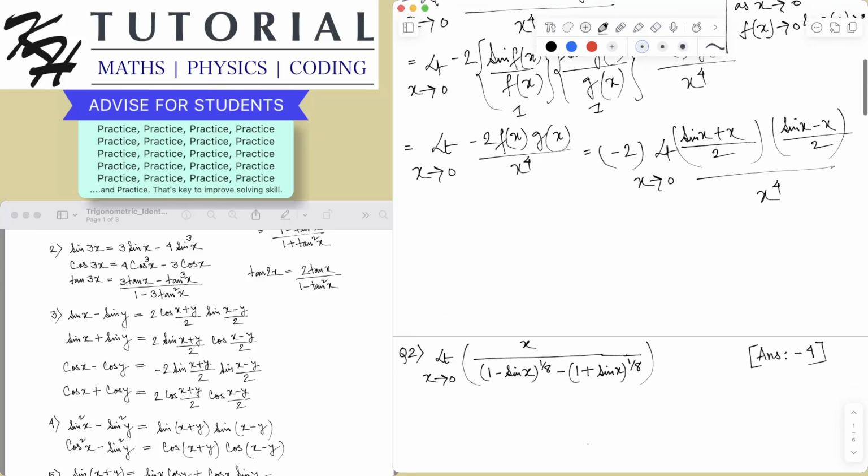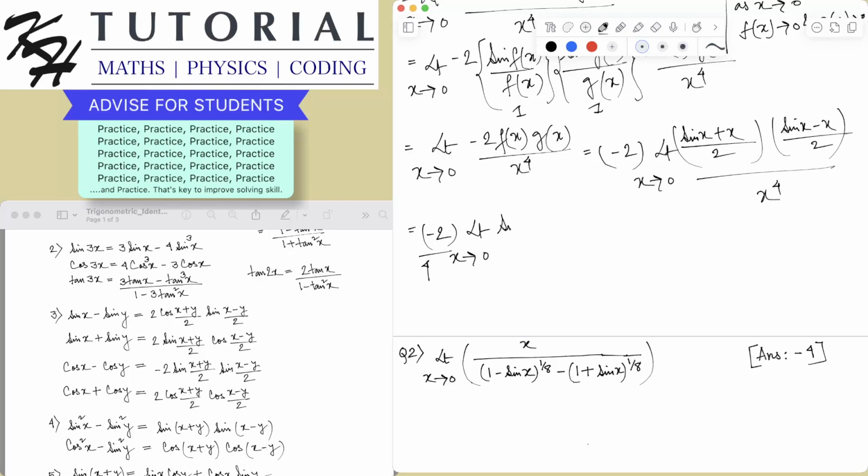This is minus 2 limit x tending to 0, using the formula (a plus b) into (a minus b) is a square minus b square. So this will be, let's factor out 1 by 4. So we have 1 by 4 and we have (sin x plus x) multiplied by (sin x minus x).